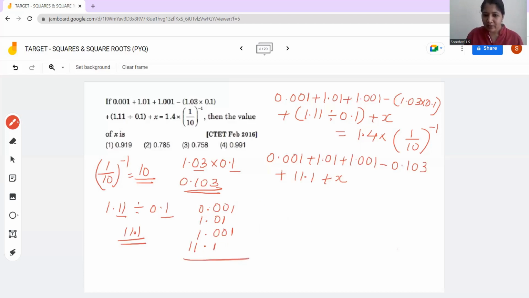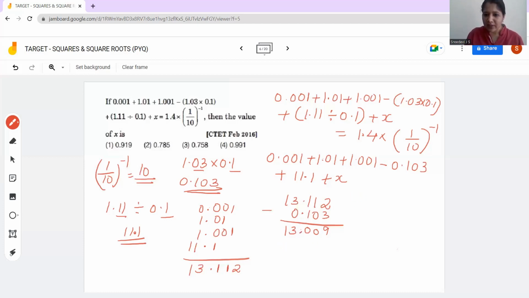We'll be getting, here it is 2, 1, 1.31. So we'll be getting 13.112 here, and minus we have 0.103. So when you subtract, you will be getting 9, and here 0, and here also 0, 3, 1. So we'll be getting 13.009.